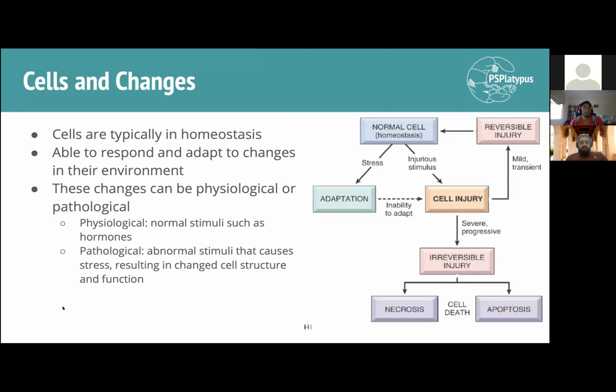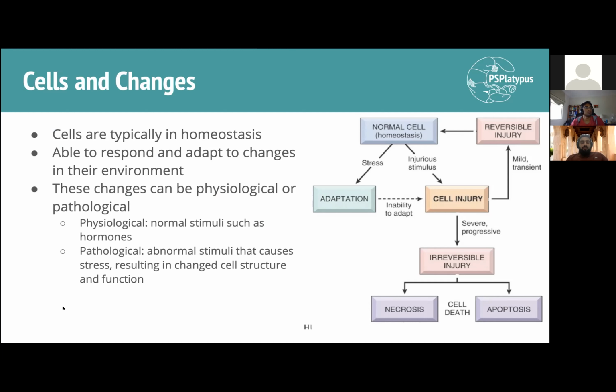Changes can be classified into physiological changes or pathological changes. Physiological changes are normal stimuli such as hormones. However, pathological changes are abnormal stimuli that cause stress or injuries and result in changed cell structure and function.